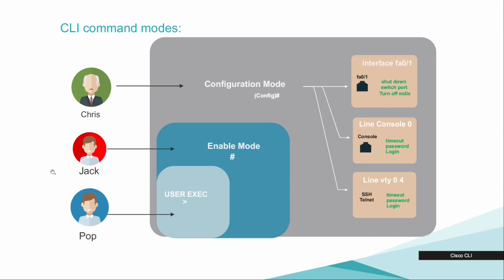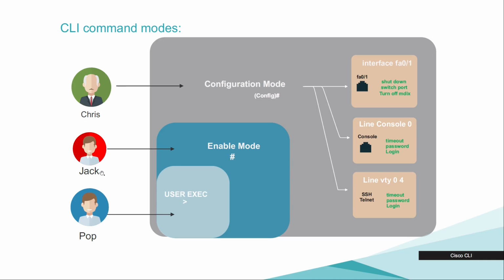Bob is a new network engineer who just joined our team, and he doesn't have that much experience in Cisco devices. For that case, we can allow Bob to access just the user exec mode. So he can go around and check some configuration, but not all the configuration, and he cannot do any configuration to our device.